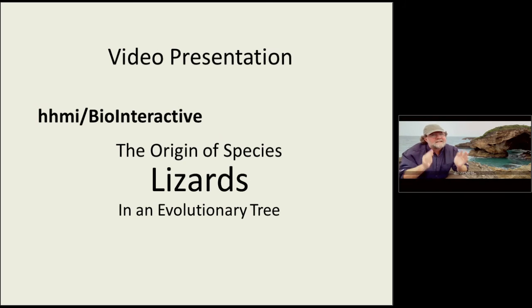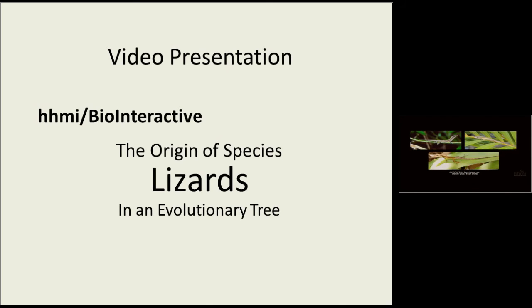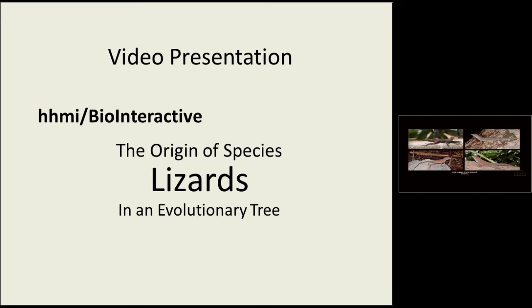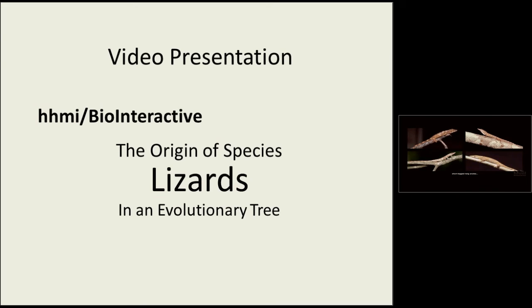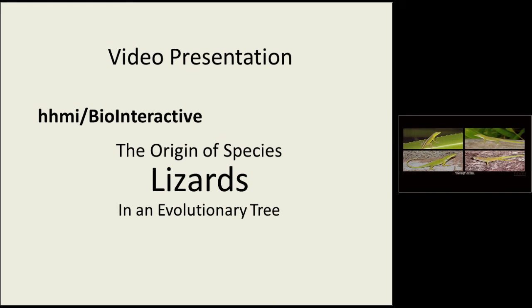Each island has the same basic body types. Each island has slender grass bush anoles with long tails, long-legged trunk ground anoles, short-legged twig anoles, and canopy anoles with large toe pads.